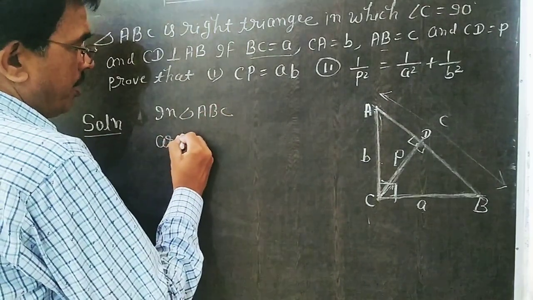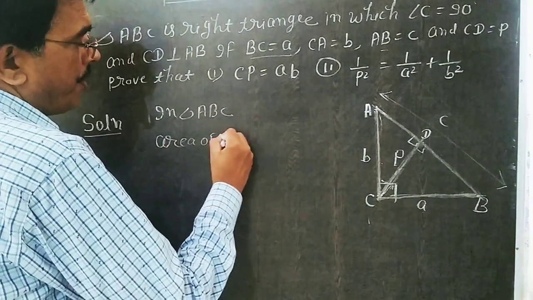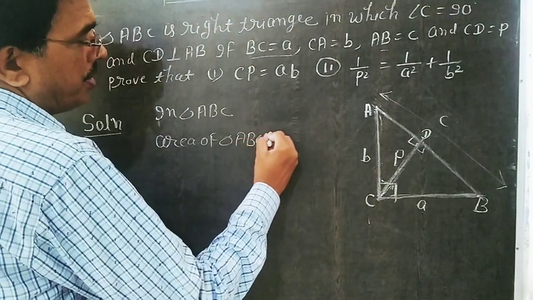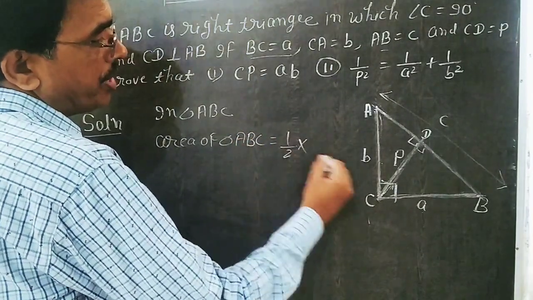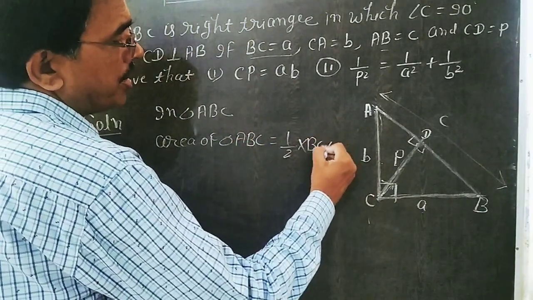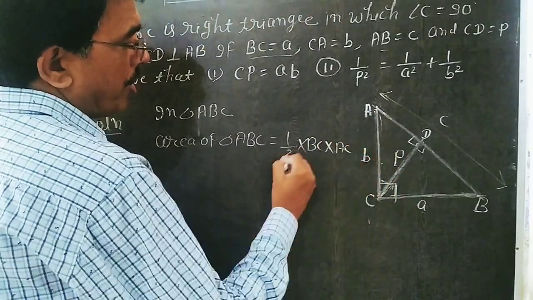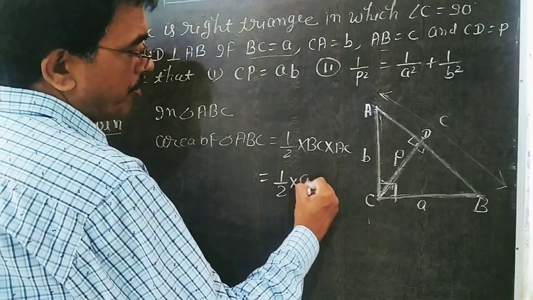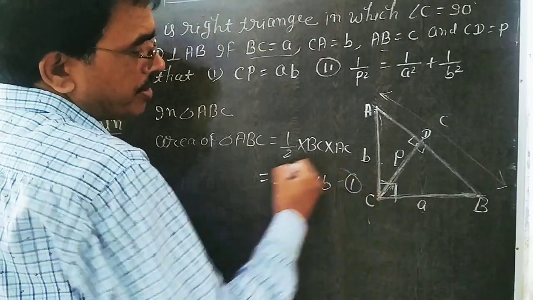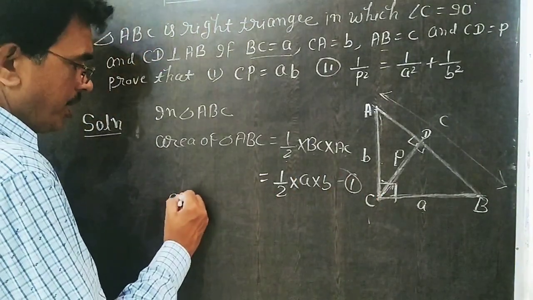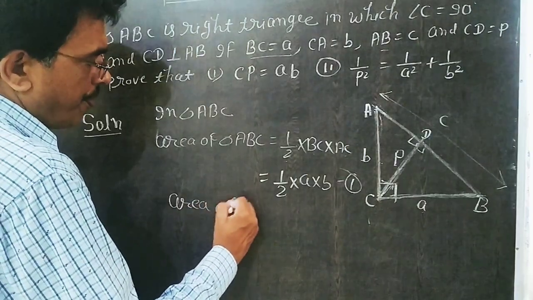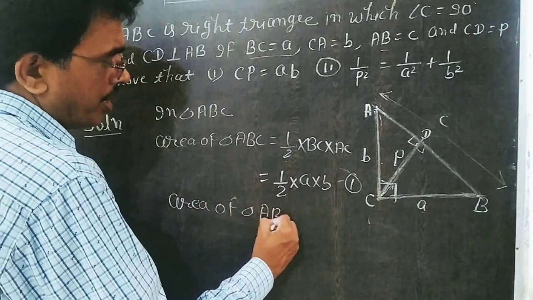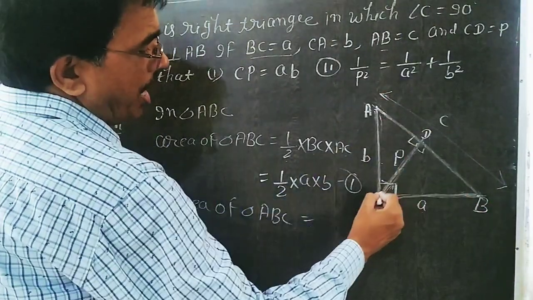In triangle ABC, area of triangle ABC is equal to 1 by 2 into BC into AC, that is, 1 by 2 into base into height. It is equal to 1 by 2 into a into b. That is the first equation. Now again the area of triangle ABC: the base is AB and the height is CD.